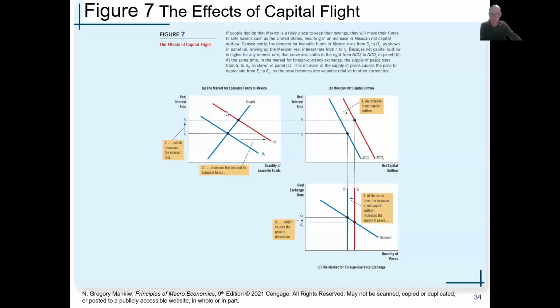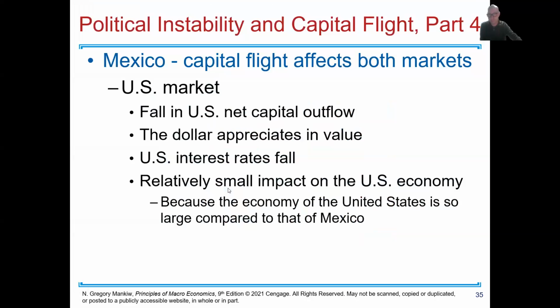The interest rates increase, which leads to an increase in net capital outflow, which in turn, of course, leads to a decrease in the supply of the money, reducing the exchange rate. So, that type of instability has cause and effect on the relationship between the United States and Mexico at that time.